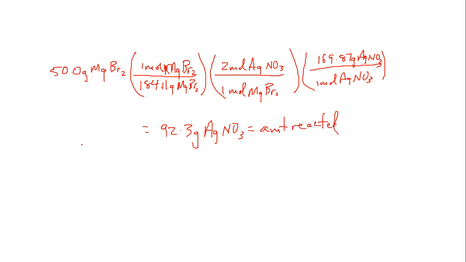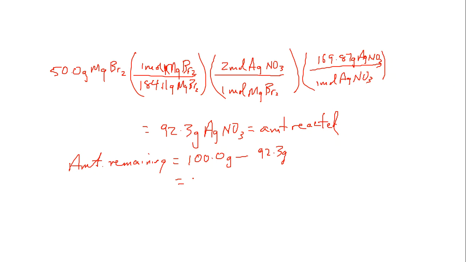So the amount remaining is equal to the amount that you started off with, which is 100 grams. So you're going to have 100.0 grams here, minus the amount that reacted, which is 92.3 grams.